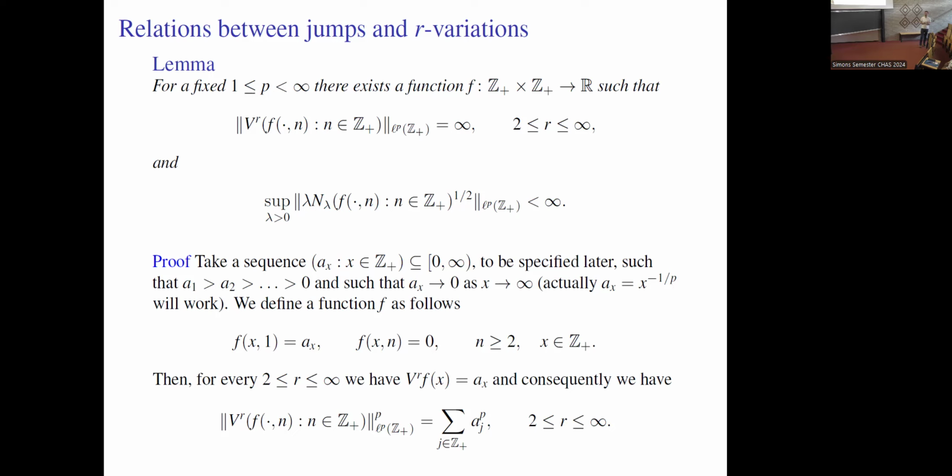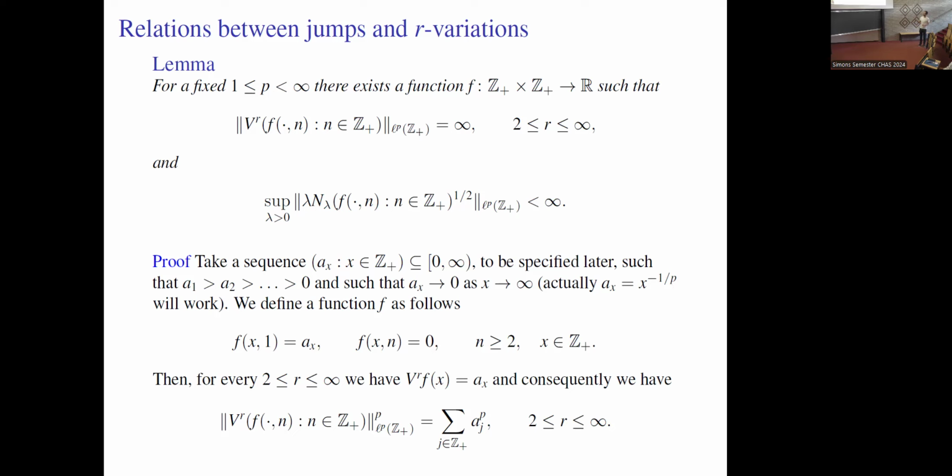So we just need to look at what happens from point 1 to point 2. For every x, we have different jumps, because it's given by this sequence a_x. But later on, it will turn out that this sequence is okay for our example.